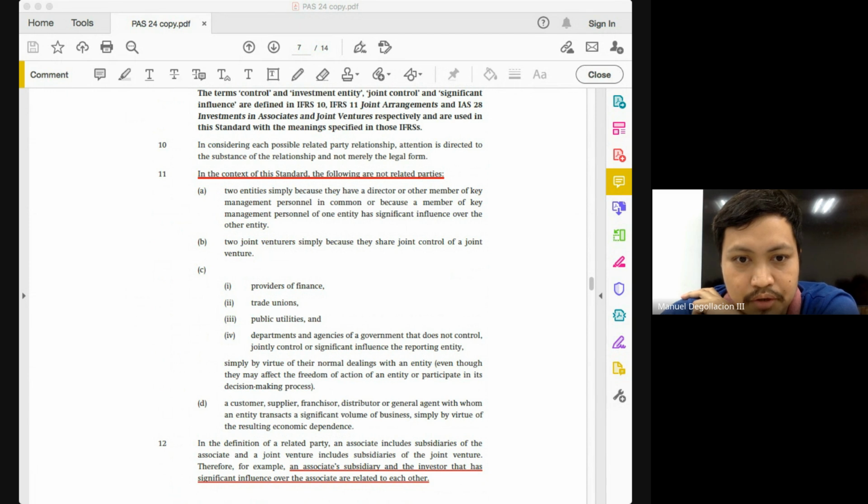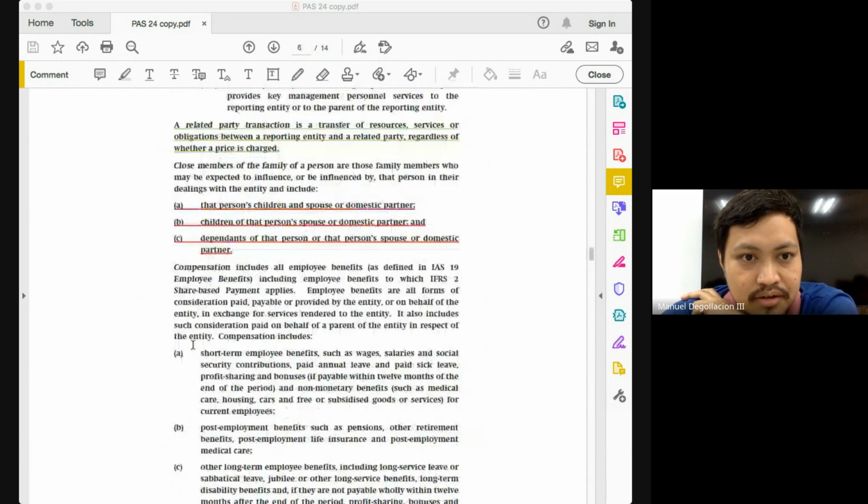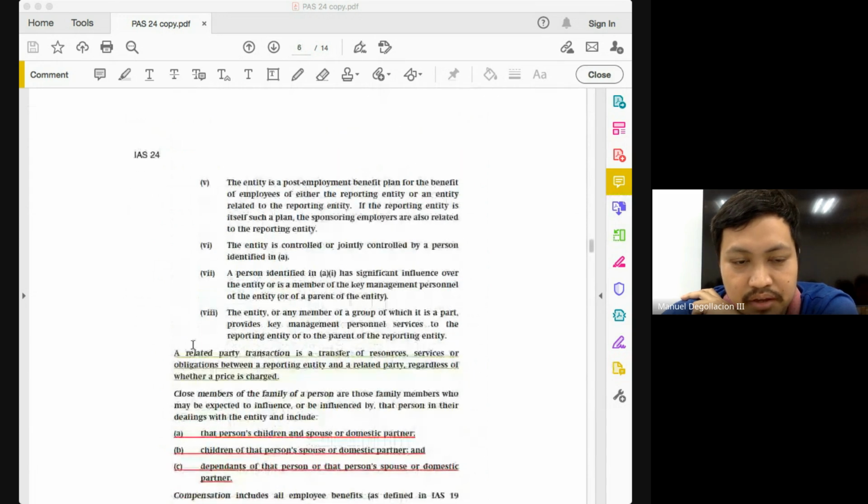Now, if we go back to paragraph 9, after the enumeration in paragraph 9b, you have there the definition of a related party transaction. Again, almost always this would be asked as a theory question. A related party transaction is the transfer of resources, services, or obligations between a reporting entity and a related party, regardless of whether a price is charged.